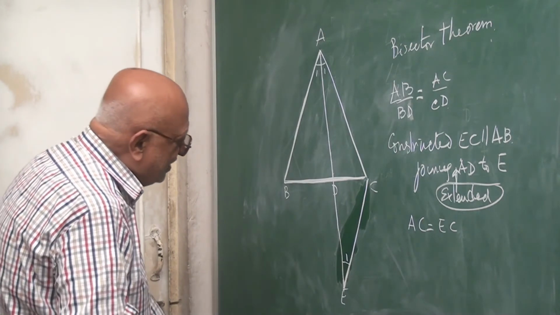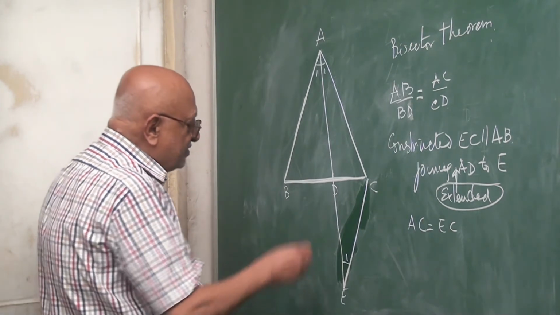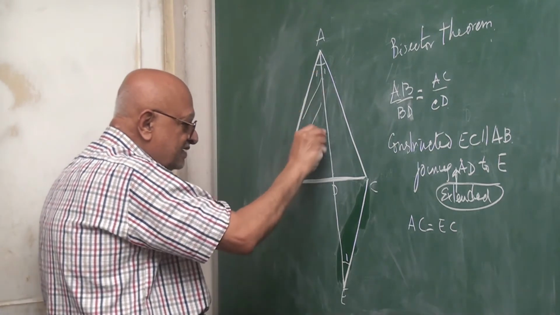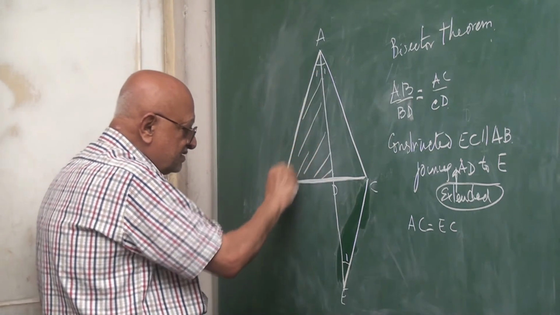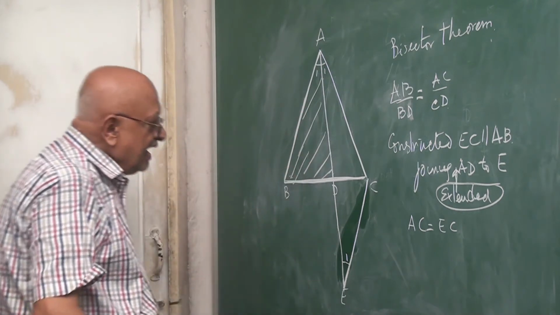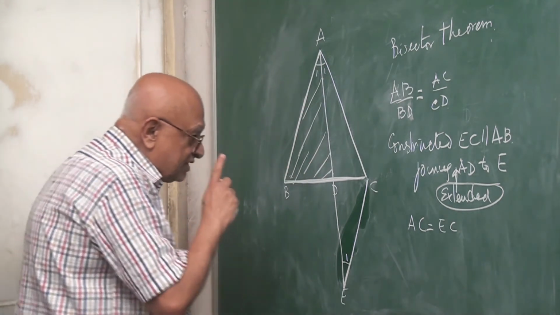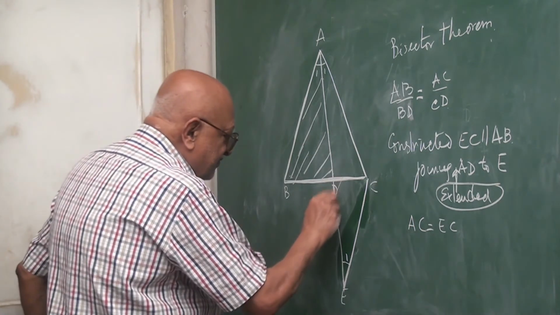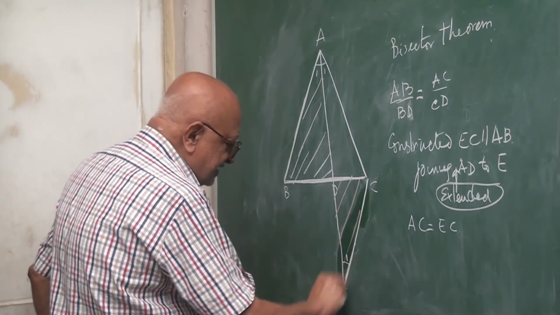Let us see what else I can get out of it. Now, in these two triangles, what are the two triangles? Always be careful, this and that. So be careful about what is being said.